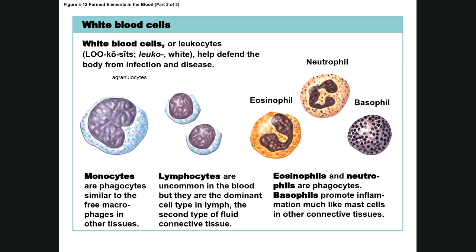And typically, if you have 1 microliter of blood, you have about 5,000 to 10,000 of these white blood cells.